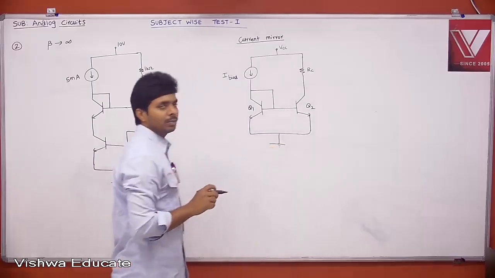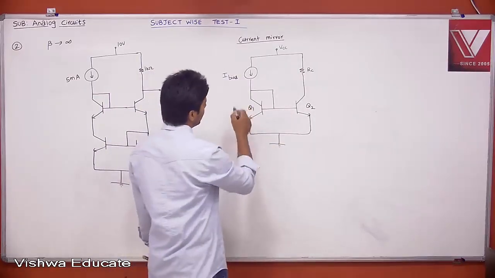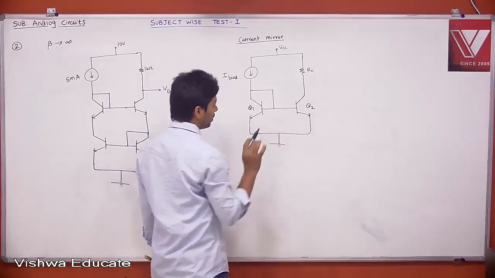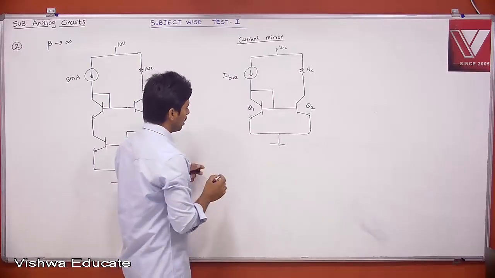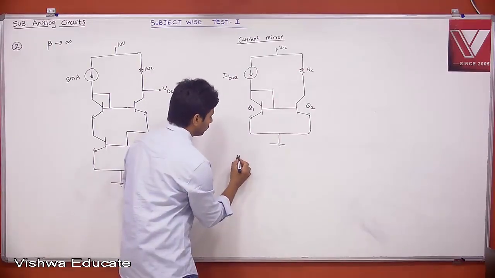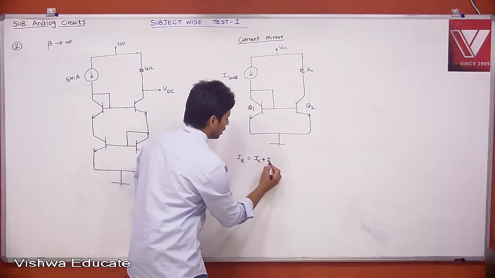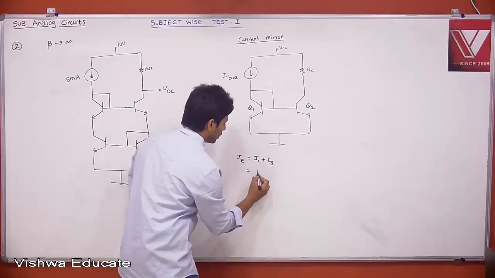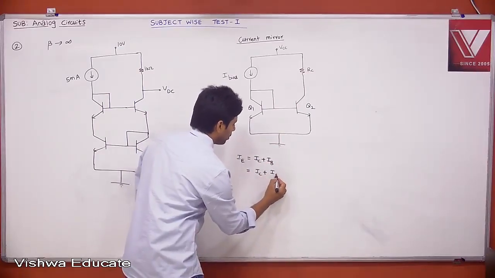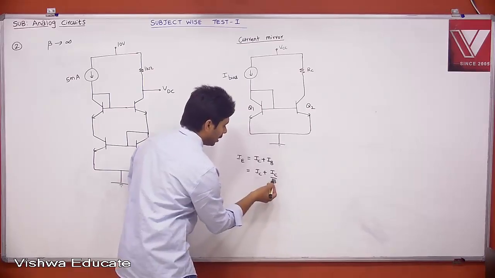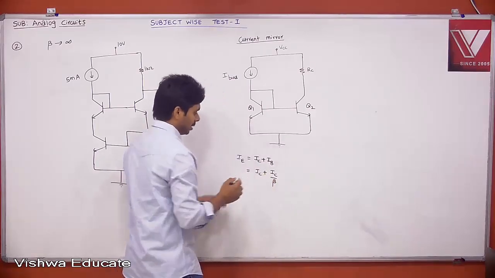You remember, I think we solved one problem where beta is very high. The meaning of beta very high is this: IE is equal to IC plus IB, therefore IC plus IC by beta. If beta is very high, you can neglect IB.